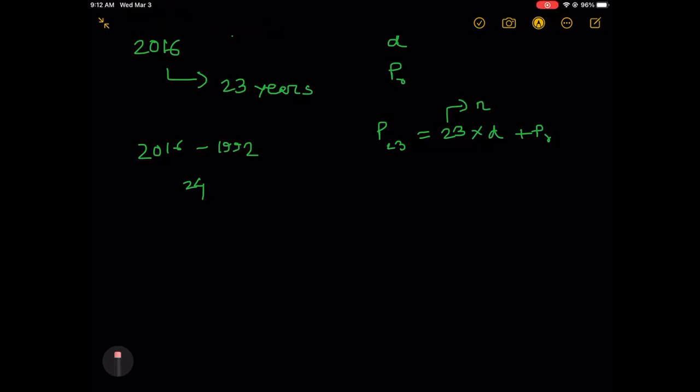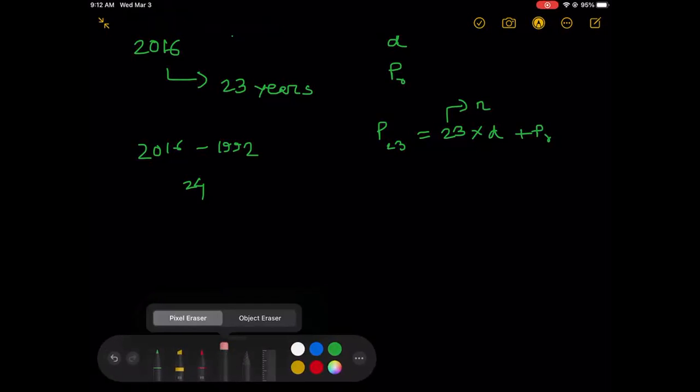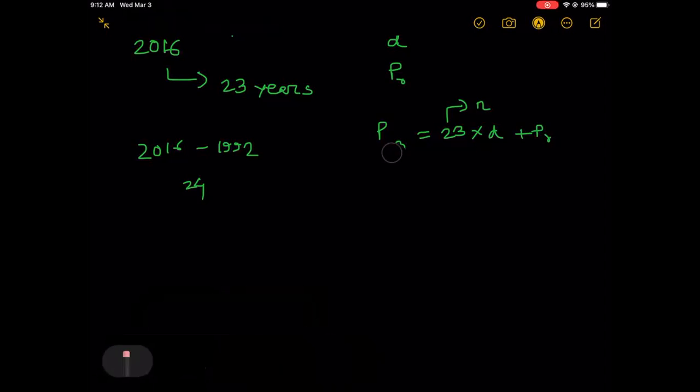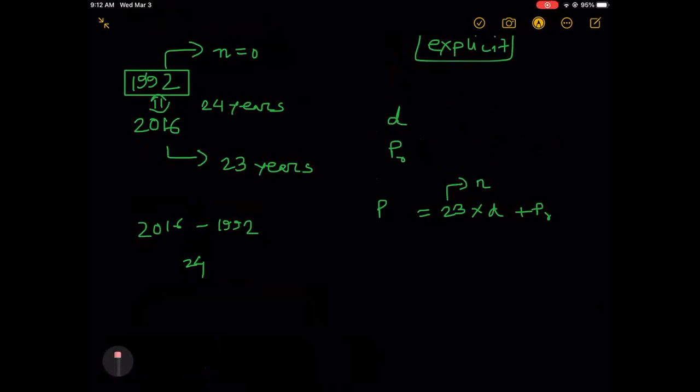So it's going to be 24. So let's just erase this. We'll do it for 1992, not 1993. I'm not sure why they have done that, but we can clearly avoid it. So we can find it for 24 years.